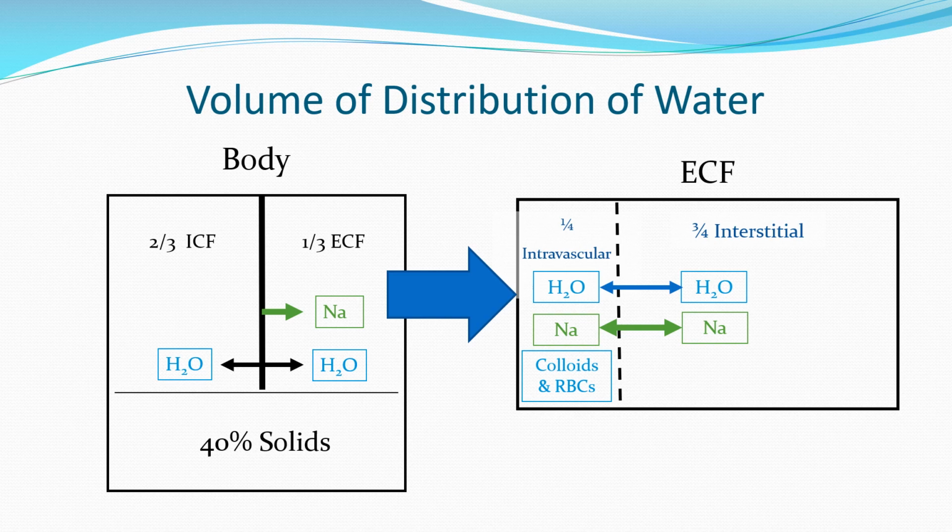intravascular and interstitial compartments so that when you administer saline to an individual, it's going to eventually diffuse from the intravascular space into the interstitial space, while colloid, like IV albumin, will be more likely to stay within the intravascular space before eventually leaking into the interstitial space.